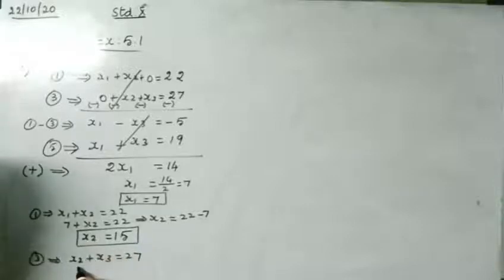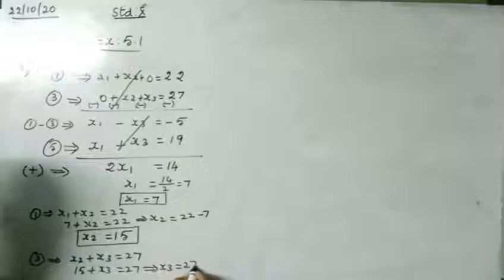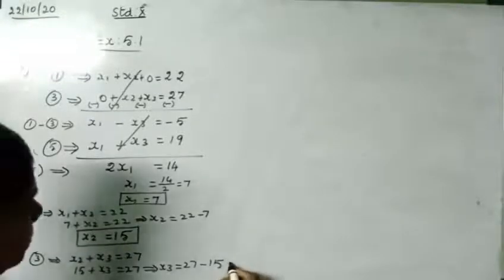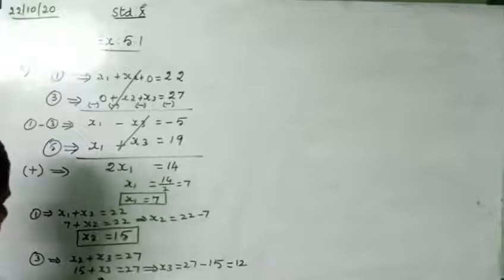Now substitute x2 value here. So it is 15 plus x3 is equal to 27, which implies x3 is equal to 27 minus 15. So x3 is equal to 12.